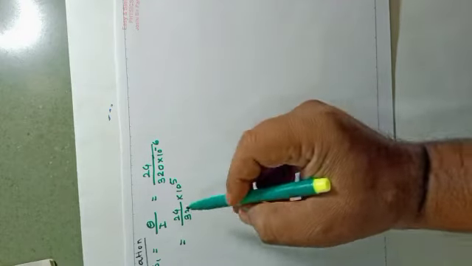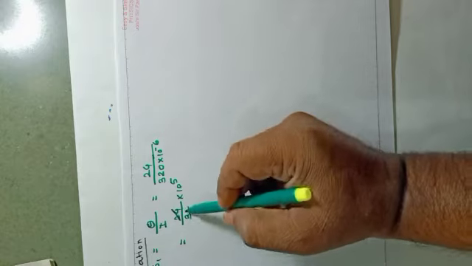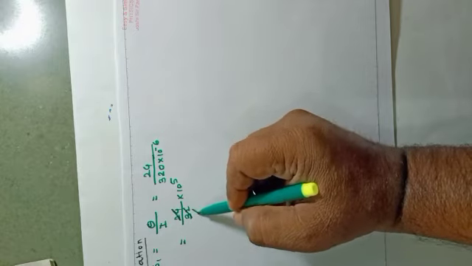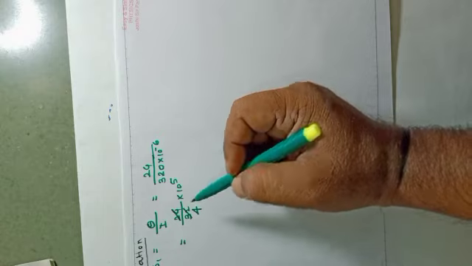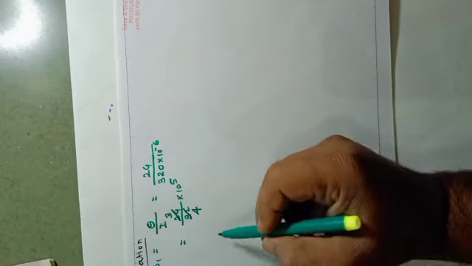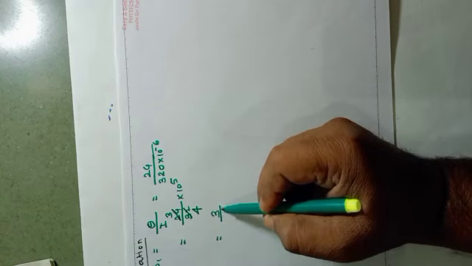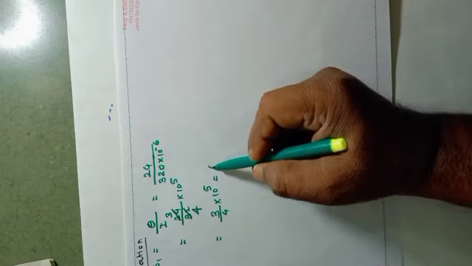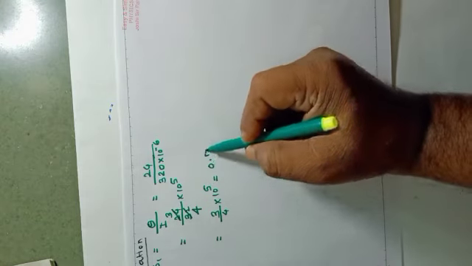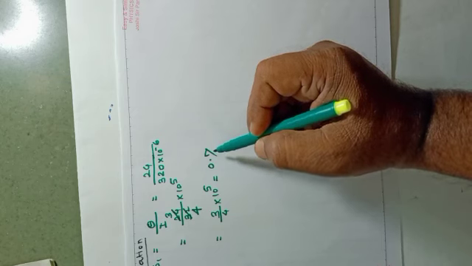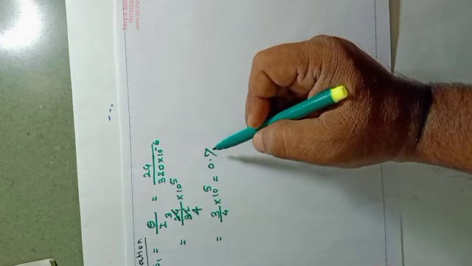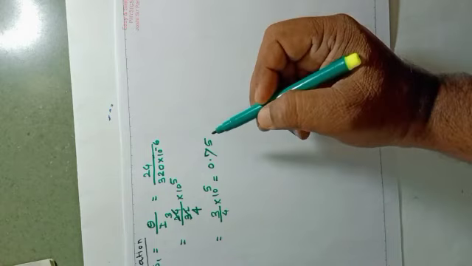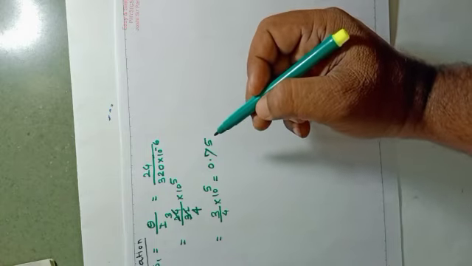Then we can use 8 for the 32 and 8 3 the 24. So here 3 upon 4 into 10 to the power 5, which becomes 0.75, since 4 7s are 28, 2 is remaining, and 7 5s are 35, 4 5s are 20.